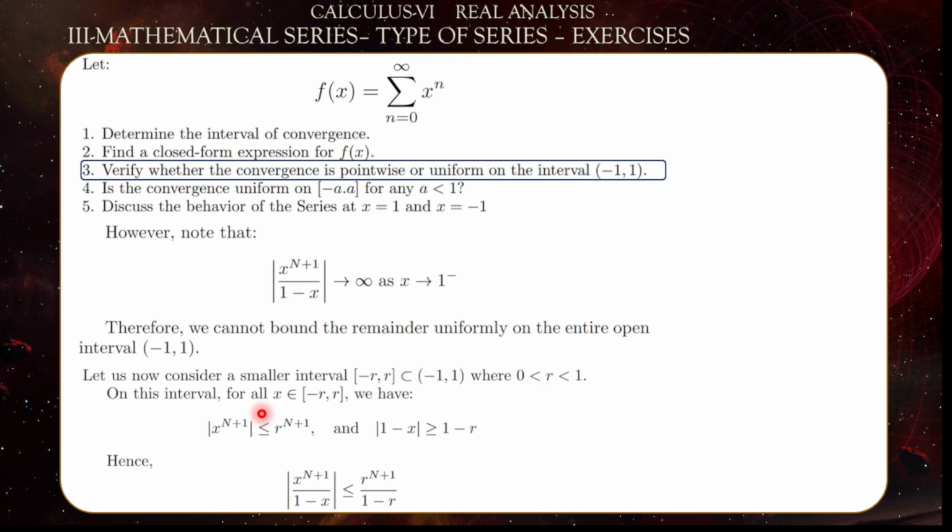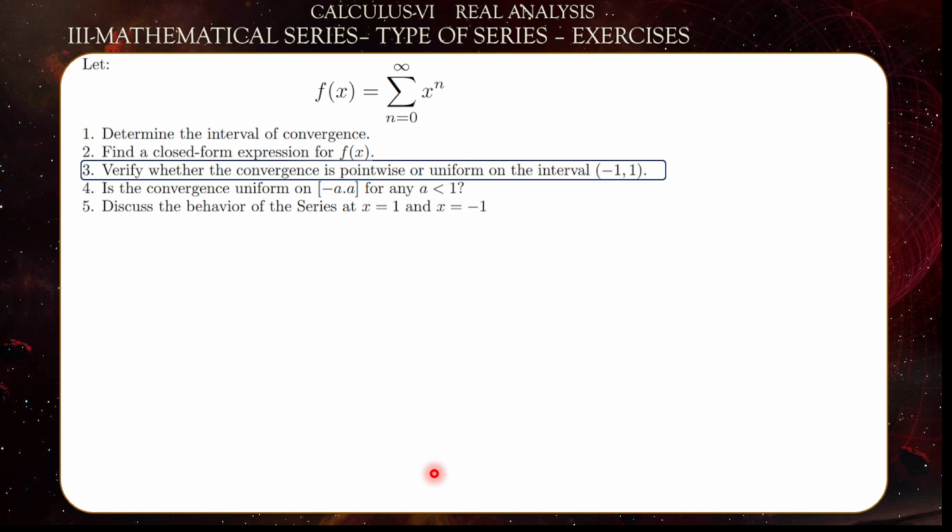On this interval, for all x between minus r and r, we have the absolute value of x^(n+1) less than or equal to r to the power of n plus 1, and 1 minus x in absolute value is greater than or equal to 1 minus r. Hence, x^(n+1) divided by 1 minus x in absolute value is less than or equal to r to the power of n plus 1 divided by 1 minus r.